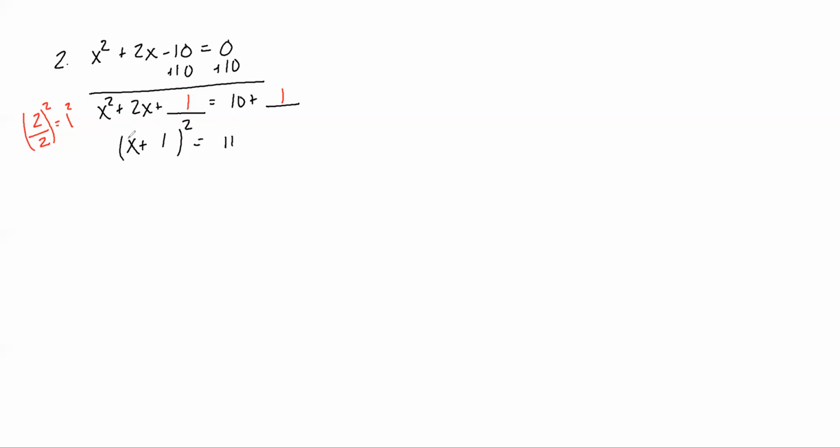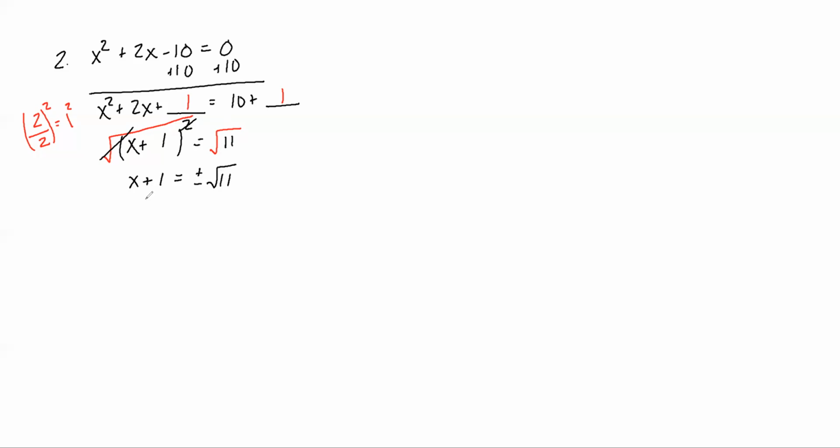Now we'll use our square root property to square root both sides. And so on the left here, square root and square cancel out. We get x plus 1. On the right, don't forget your plus or minus. Square root of 11. You should be getting 2 solutions for all of these. If you're not, you probably just left off the plus or minus.